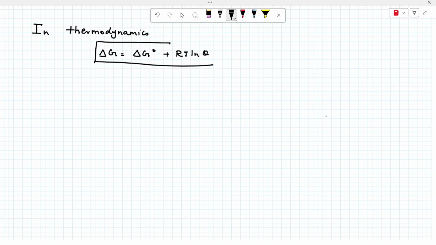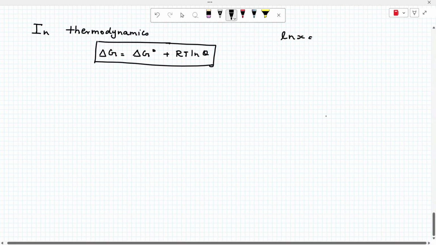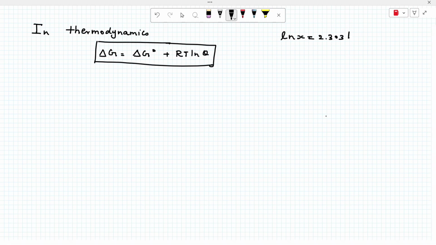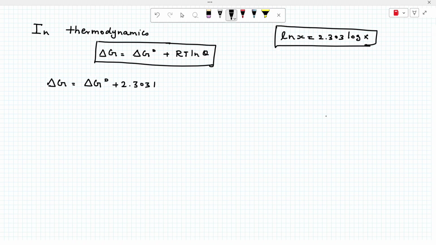Delta G is equal to delta G naught plus RT ln Q. Do you know it very well? ln X equals 2.303 log X. Listen, to convert ln to log you have to multiply by 2.303. So delta G equals delta G naught plus 2.303 RT log Q. That is the actual formula.